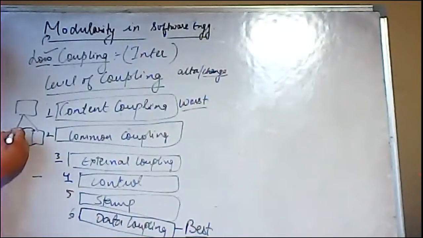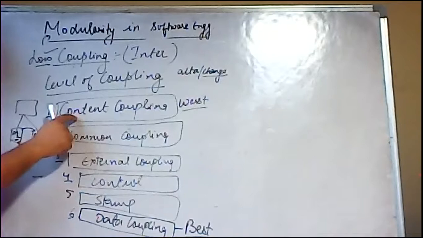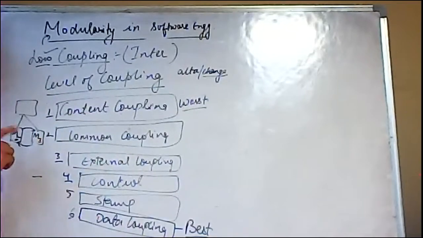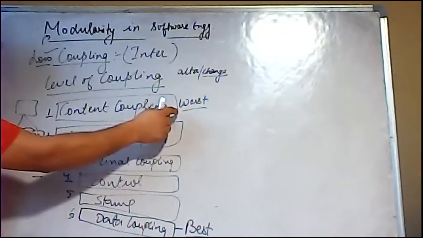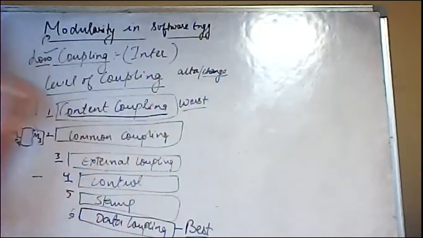Module 2 is completely dependent on module 3. If I alter or change any content in this module, it will affect the other module. That is your content coupling stage. So according to design, this coupling is your worst coupling.